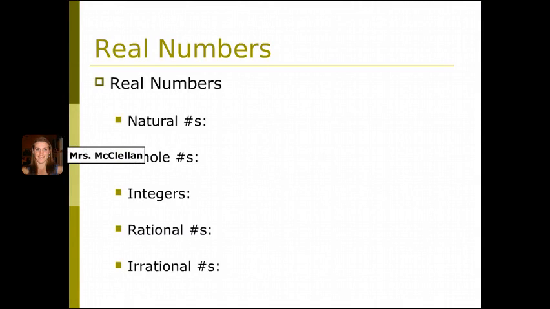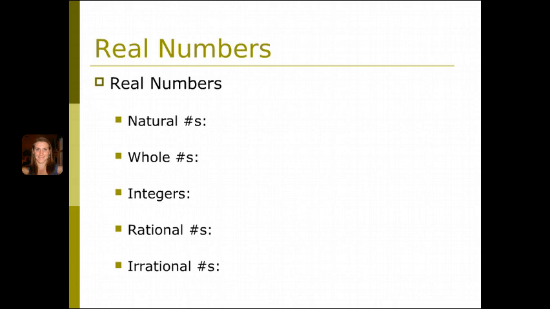Now it's time to talk about real numbers and the numbers that we are including in that category. You have natural numbers, whole numbers, integers, rational numbers, and irrational numbers. All of these are in the real number category. However, they're not all the same.